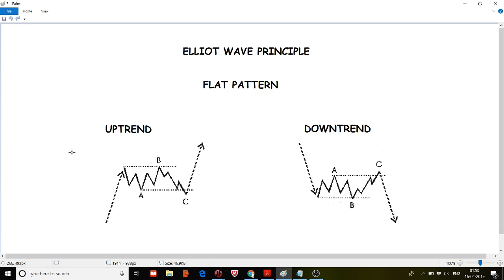If you notice the Elliott wave principle in an uptrend, then the flat pattern will look like this.